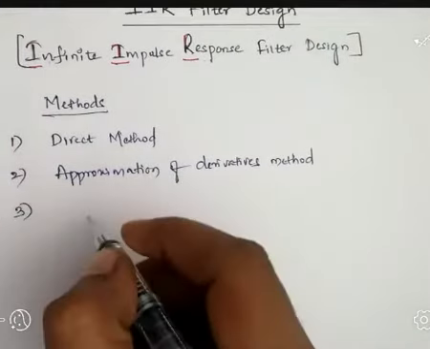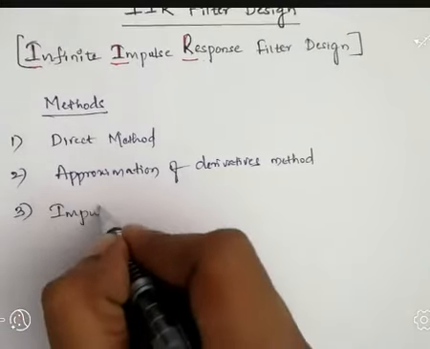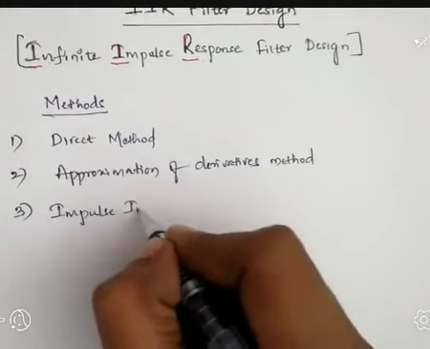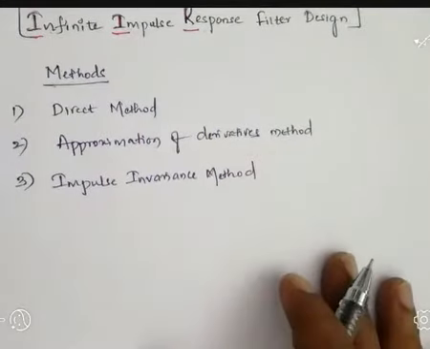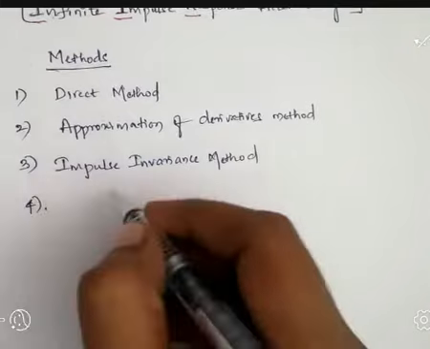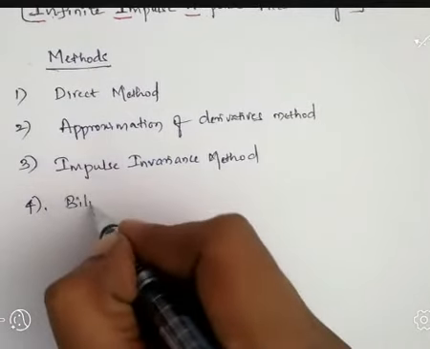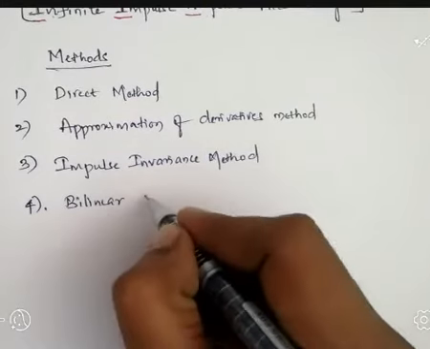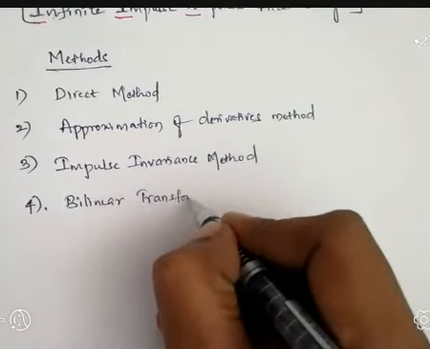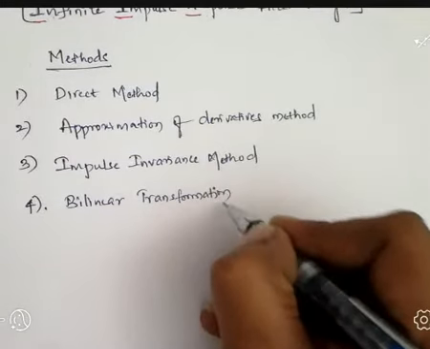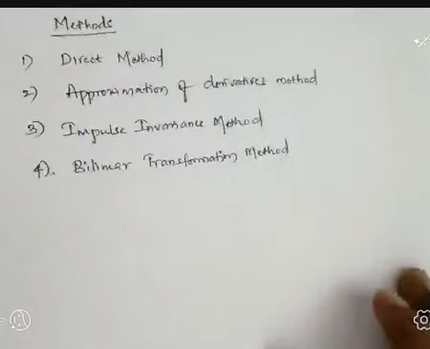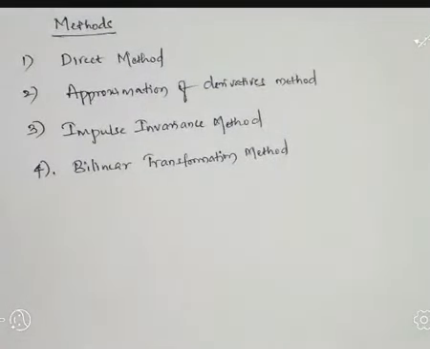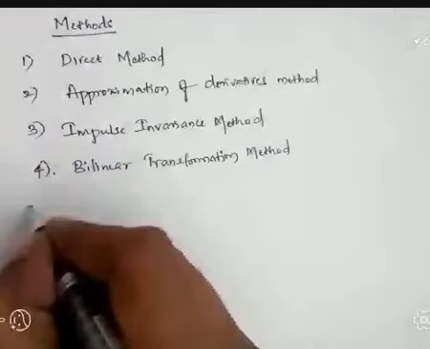The next one is the impulse invariance method. The fourth one is the bilinear transformation method. And the fifth one is approximation of standard analog filters.